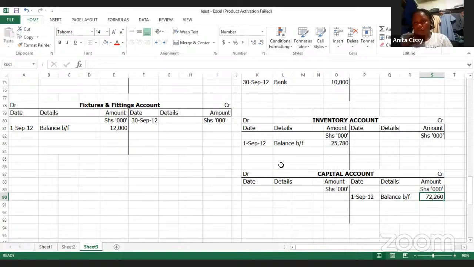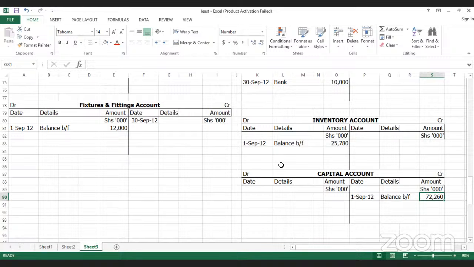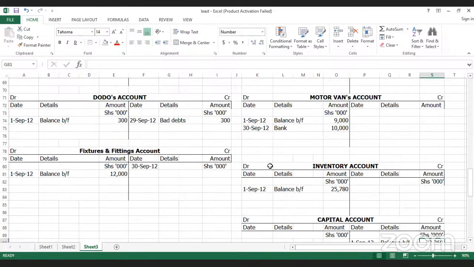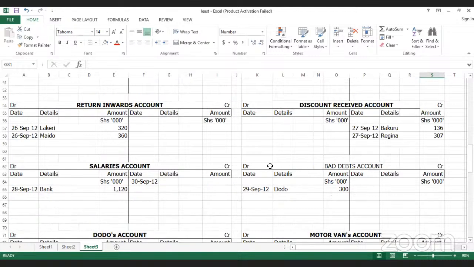The moment you do that, the totals will be equal, so now you can enter the totals, and these totals have to level with each other. Then you enter the balance on the line below the totals on the opposite side, the balance shown above the totals. Let us start balancing, and then we'll see how to balance these accounts.